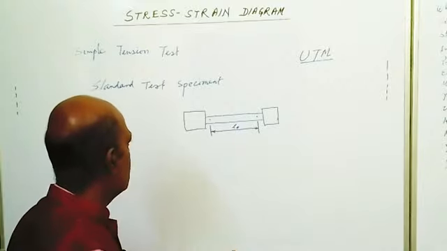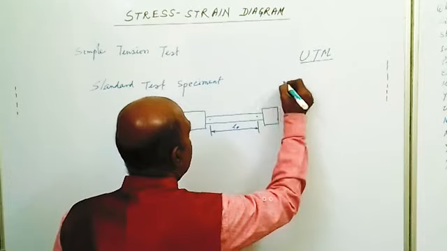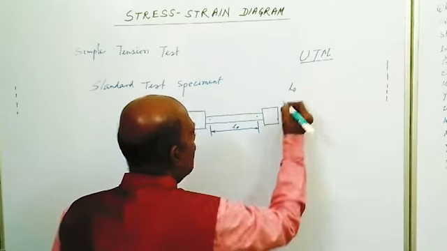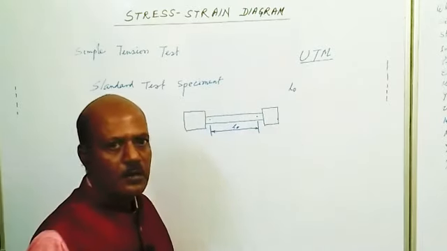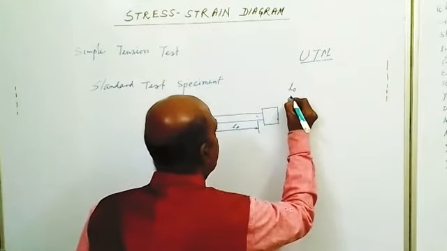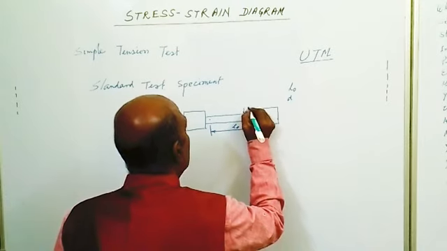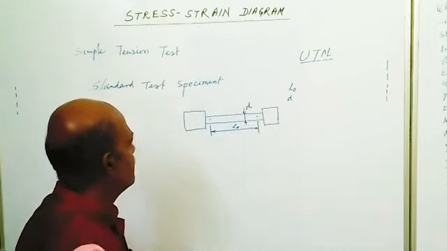L0 is known as the gauge length over which the test is carried out. Before testing, we measure this length L0, the gauge length, or original length on which the test is carried out, and D means the initial diameter of the specimen.